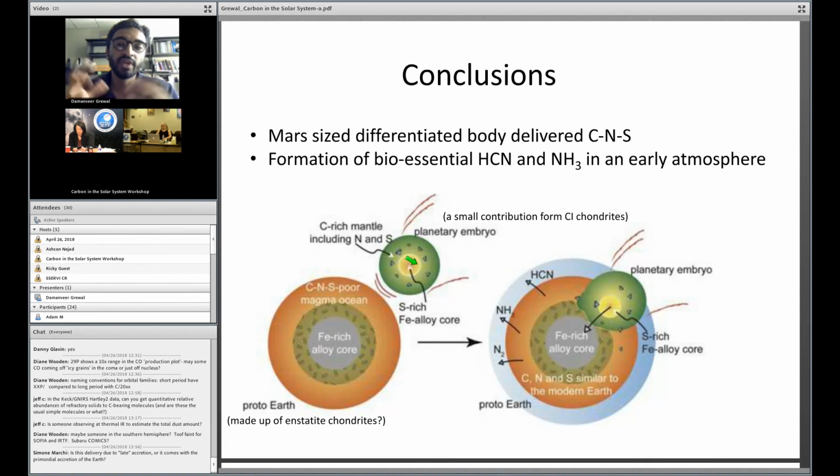So basically, if you lose some part of the silicate, part of the mantle during those collisions, you need a bigger impactor to deliver these volatile elements. We have done some sensitivity analysis, taking into consideration the loss of the silicate part or the equilibration of the core into the mantle of the proto-Earth.